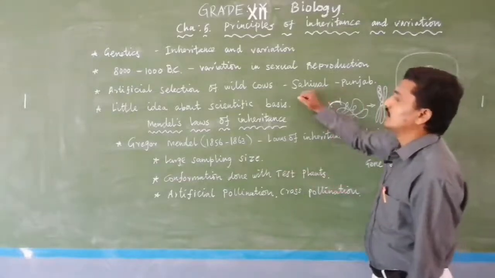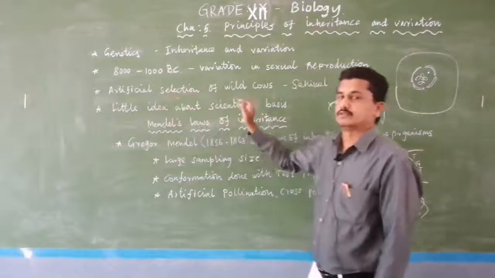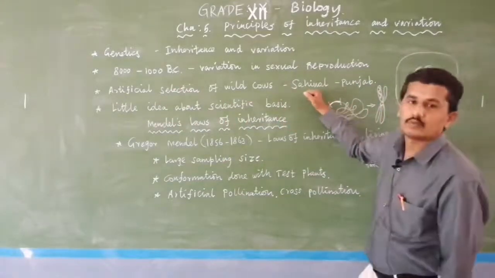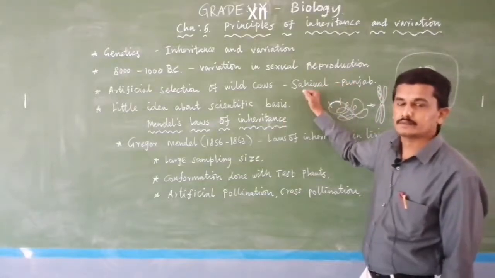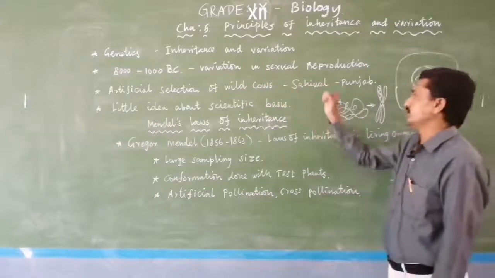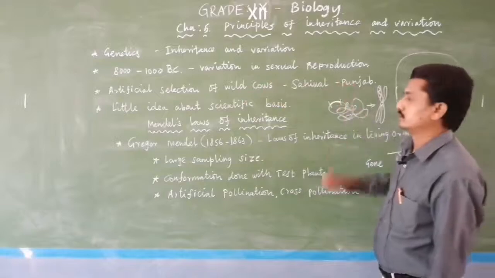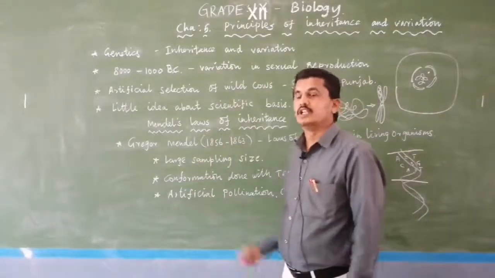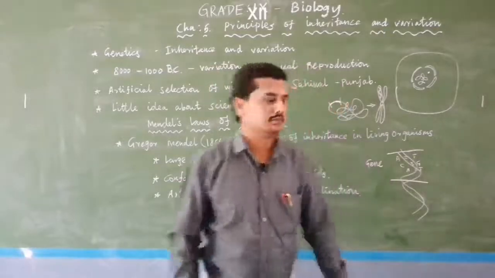The process is known as artificial hybridization. The Sahiwal cow from Punjab is actually a new hybrid from two varieties of wild cows, a new breed of cow in Punjab. That is artificial selection and artificial hybridization, and these ideas were already known to people in olden days.